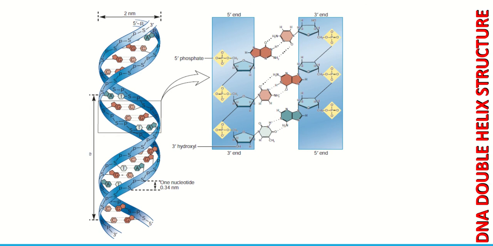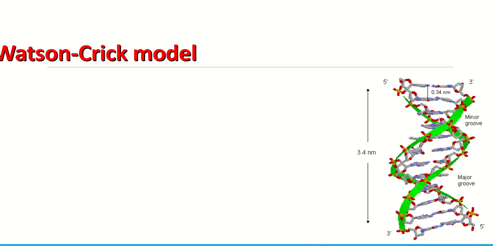These nitrogenous bases are stabilized and bind to each other through hydrogen bonds, 2 bonds or 3 bonds depending on the nitrogenous base type.